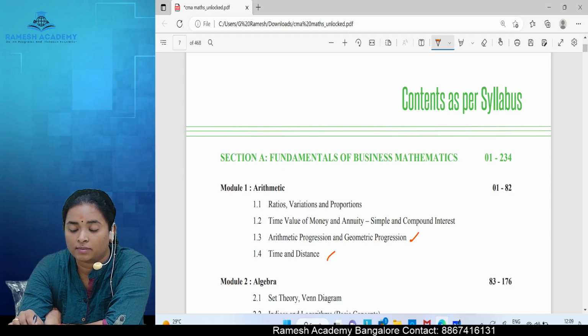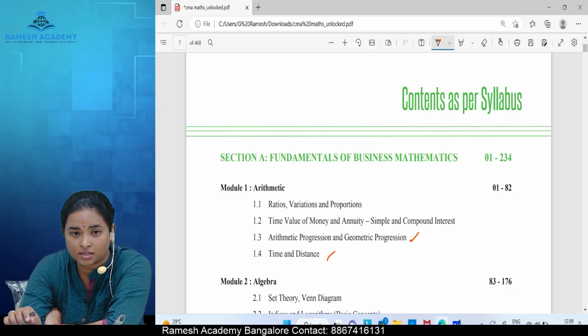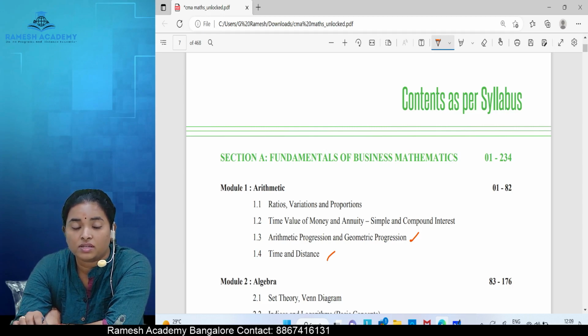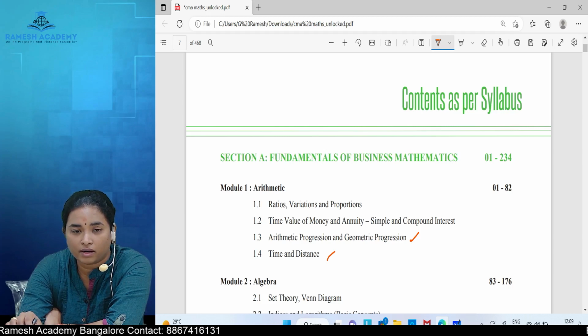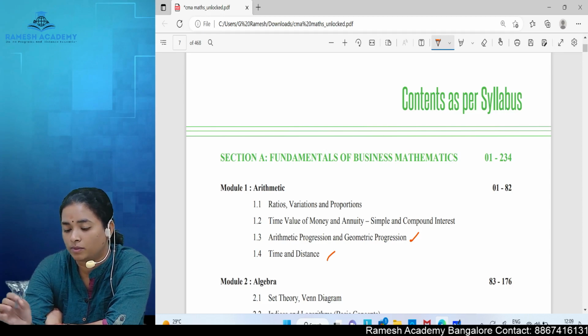So in arithmetic you have ratios, simple interest, progressions, and time and distance. These are all completely independent, and it will help you to go through the concepts. When I come across each topic, you will understand the concept and solve the problems.